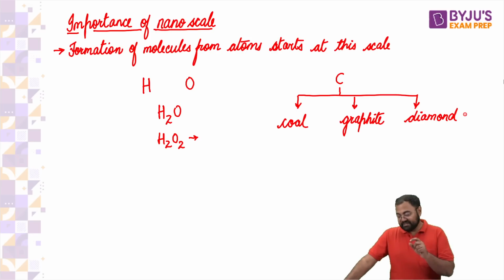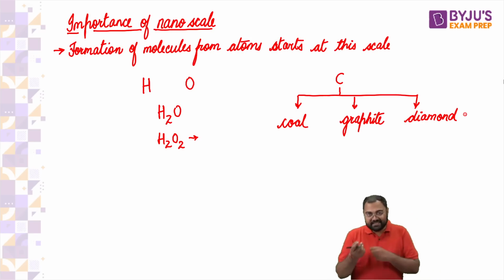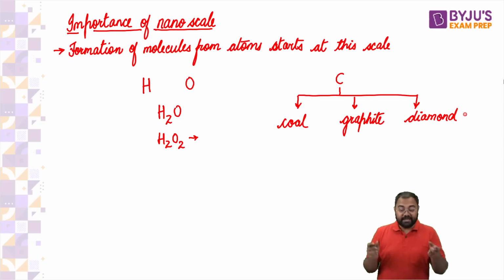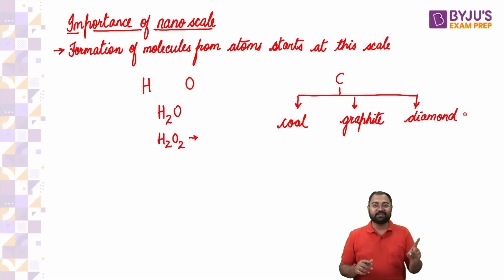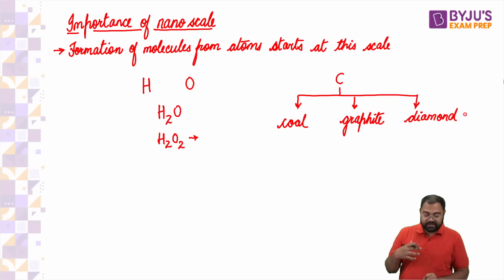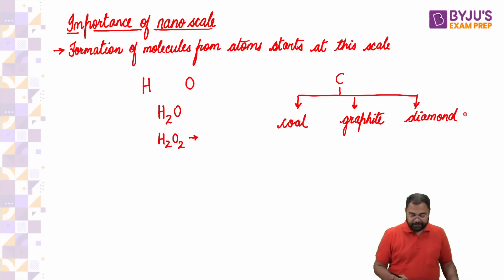So it's just the arrangement. As this arrangement takes its shape, this is where we see the properties start to show up. And it all happens at the nanoscale. That is the reason why the nanoscale is so important, because all these properties, the formation of molecules, happen at this scale.